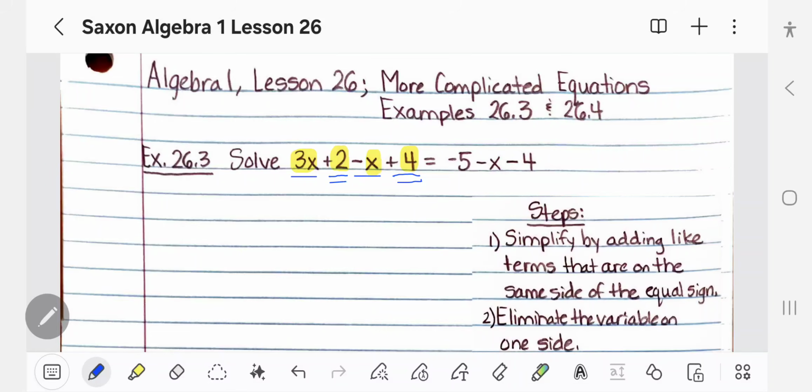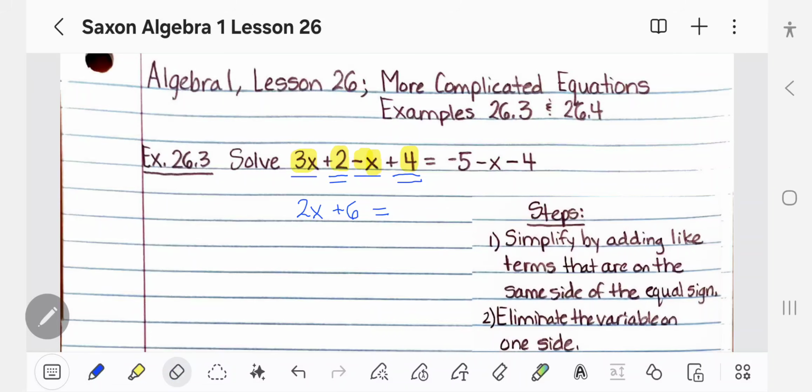Let's put the 3x minus the x together, and I'm going to highlight that minus to remind us that it needs to go with it. 3x minus an x is like 3x minus 1x, which would be 2x's. Don't write 3 there. It's 3x's minus 1x, which is 2x. Then I have a positive 2 plus positive 4, which would be plus 6, is equal to.